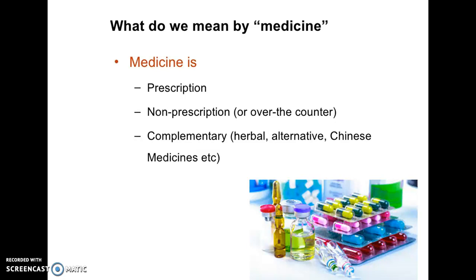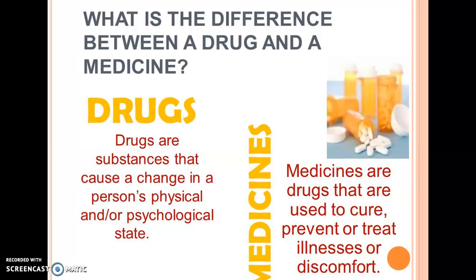So in this slide we came to know about different types of medicine: prescription or non-prescription medicine, or sometimes complementary medicine. Let us see the exact definition of medicine. Medicines are the drugs that are used to cure, prevent or treat illness or discomfort.